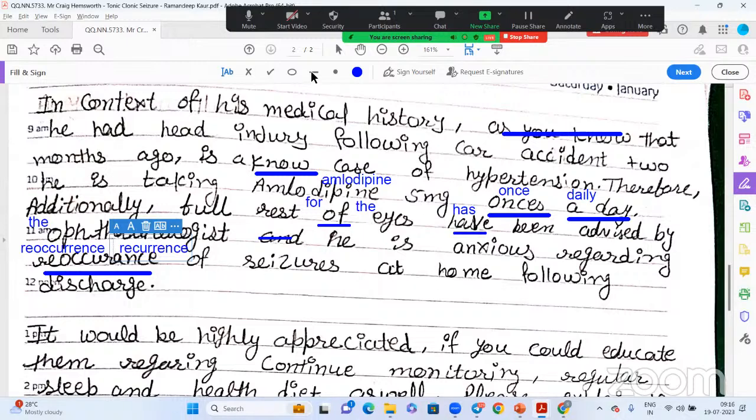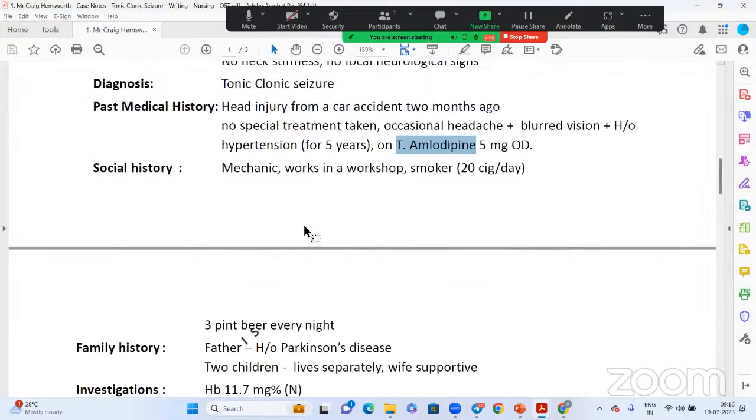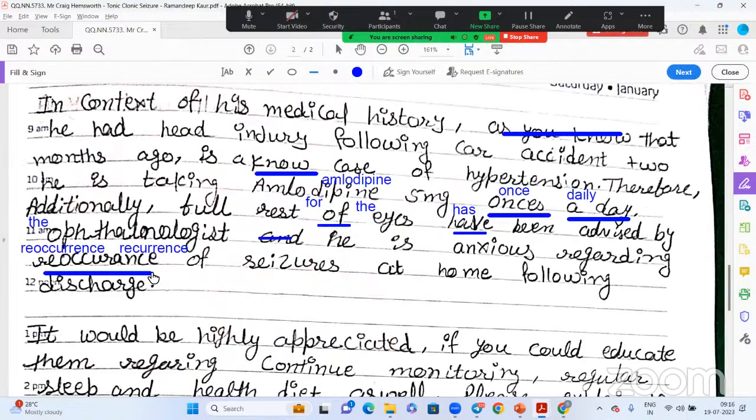At home, you can say, since home is already there in the case notes, I think. Patient anxious about seizures at home, already you are writing. After discharge, recurrence of seizures at the residence.